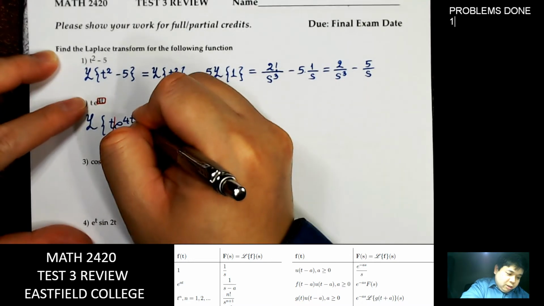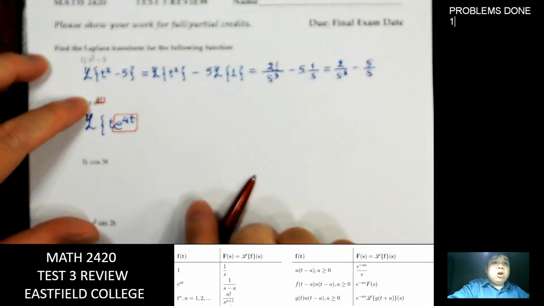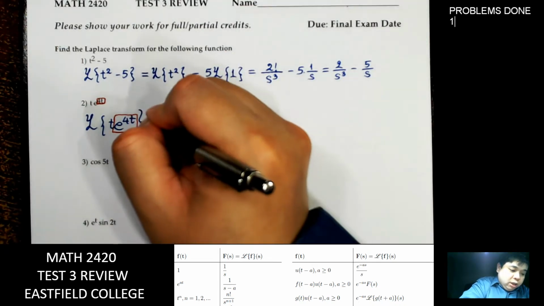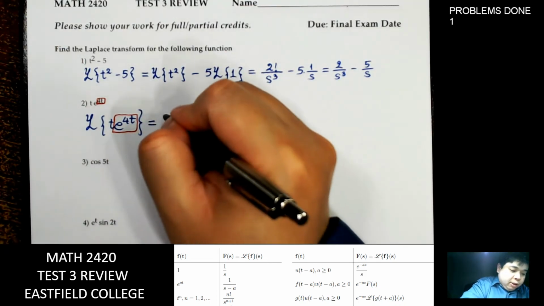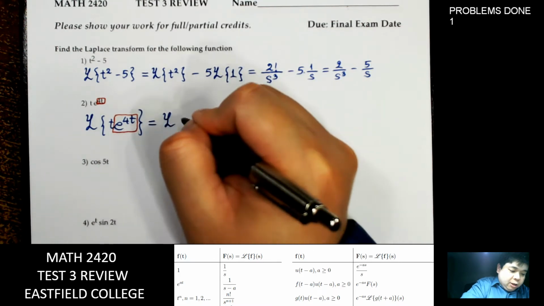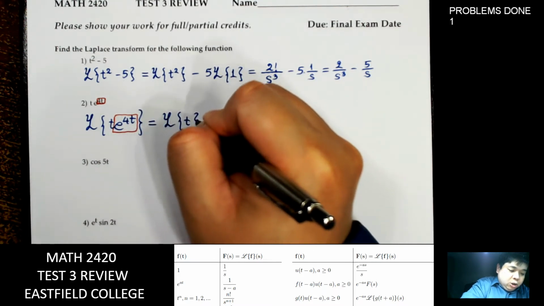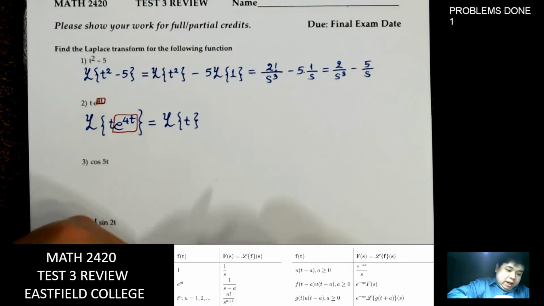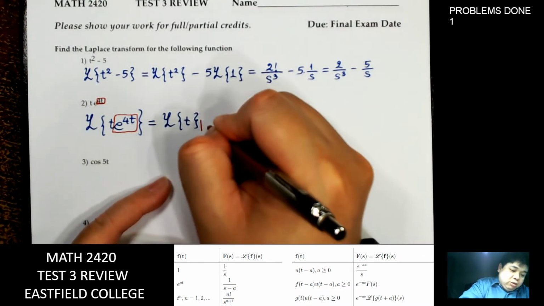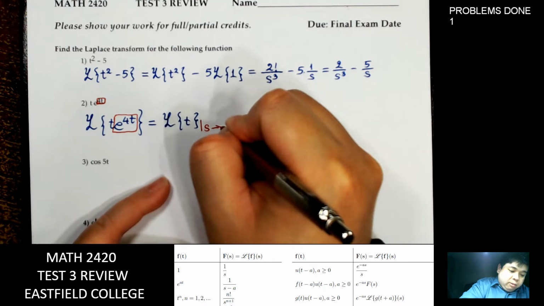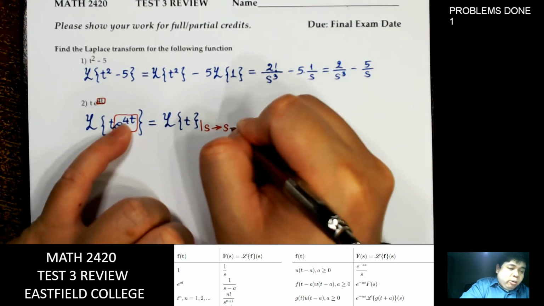Now the exponential part of the function will result in the transform of just t. So pretty much we ignore that, and after the transform, s will become s minus 4.